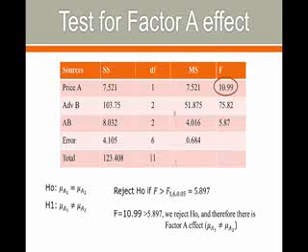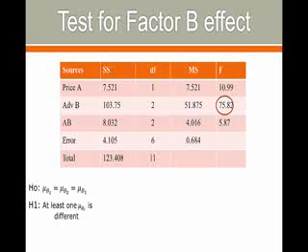Where do we get this? The degrees of freedom corresponding to price A is 1 and the error 6. F(1,6) at 0.05 is 5.897. This 10.99 is greater than 5.897. I reject H0, therefore there is a factor A effect. So the sales are different according to the price.